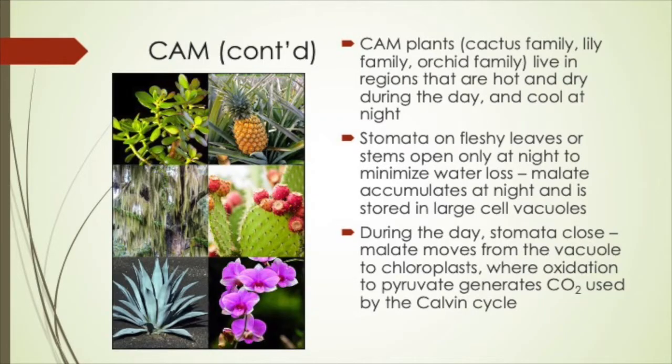CAM plants are things like cactus, orchid families, lily families. So the lily family are things like the pineapple, the Spanish moss, crassula, crassulacean acid metabolism, crassula.